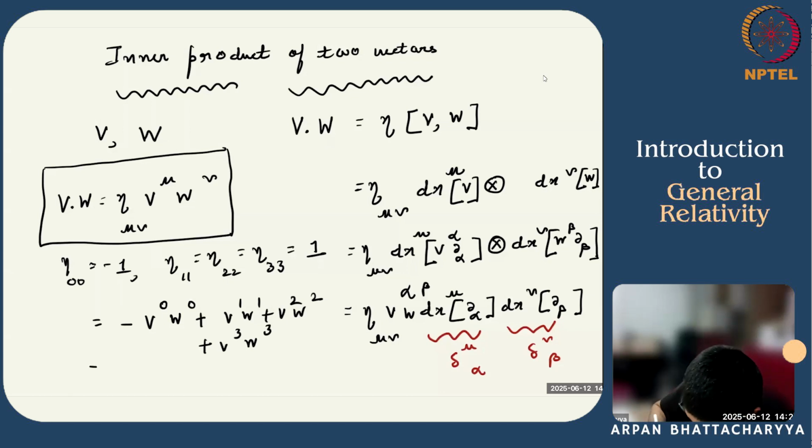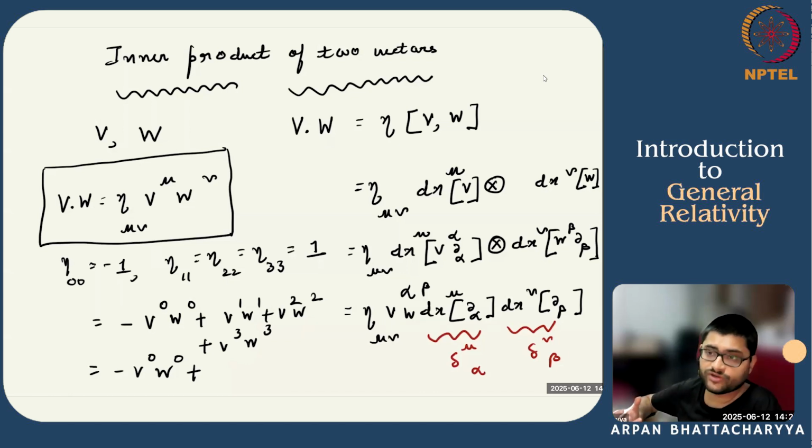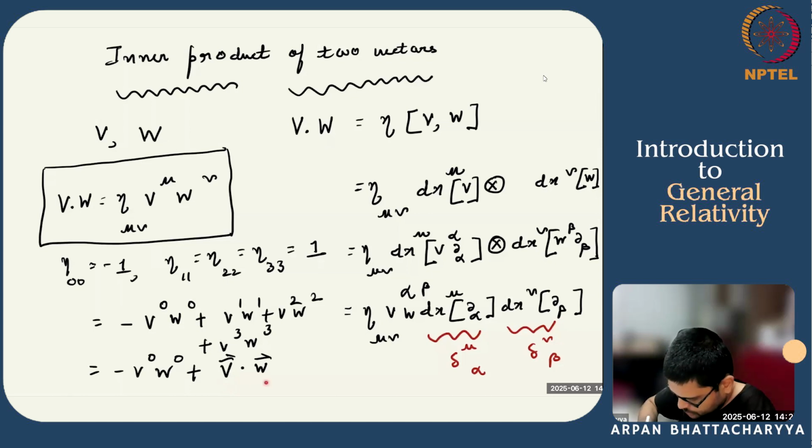Then we can see that this is nothing but -v0 w0 plus the usual dot product that you encountered while doing stuff with 3-vectors. You just type them with the arrow. Now this dot is in the middle just to make it different from this dot, and this is the 3-vector.